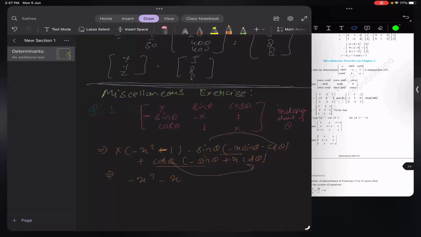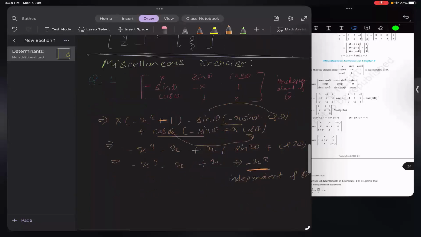So these two terms cancel each other, and if you take x common from both terms, this is sine square theta plus cos square theta. So this is minus x cube minus x plus x. So this is simply minus x cube. Okay. So you can see this term is independent of theta. So we have proved the same thing and obtained the result.